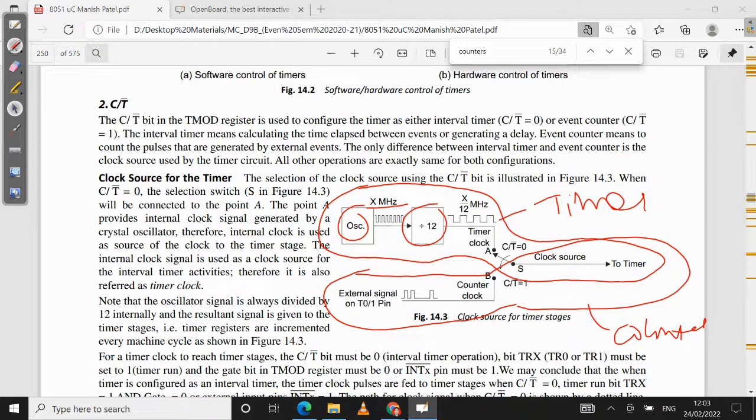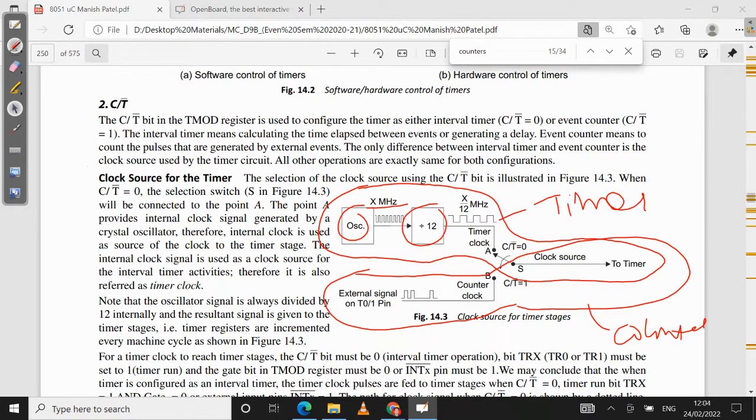Again I am repeating, listen properly. When you are connecting XTAL 1 and XTAL 2, these two pins, with the crystal frequency, whatever the crystal frequency you have will always be divided by 12. After dividing by 12, whatever output you get, that is the frequency, or those are the clock pulses which will be utilized to carry out the internal operations of 8051.